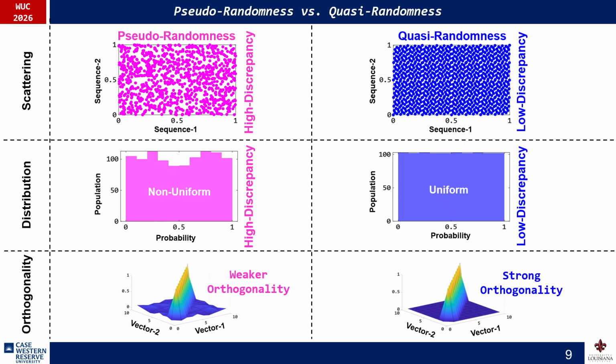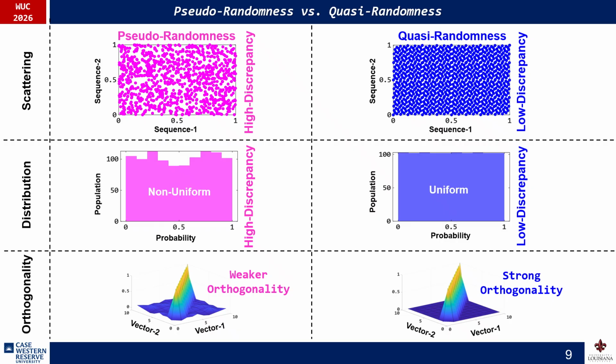Looking at their distribution in terms of probabilities, we have a more non-uniform distribution in pseudo-randomness, but for the low-discrepancy quasi-random sequences on the right-hand side, we have a more uniform distribution. This is important because, similar to stochastic computing, which requires strong orthogonality, we have the same setting here, especially for symbol representations in hypervectors, which need to be orthogonal.